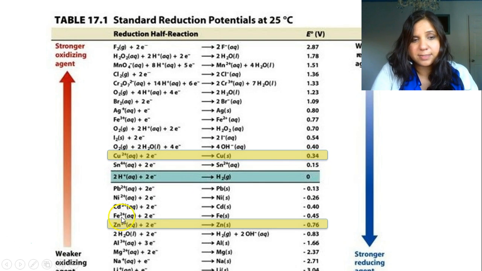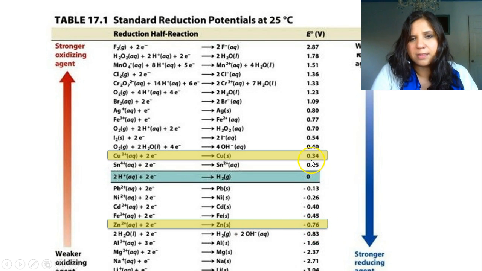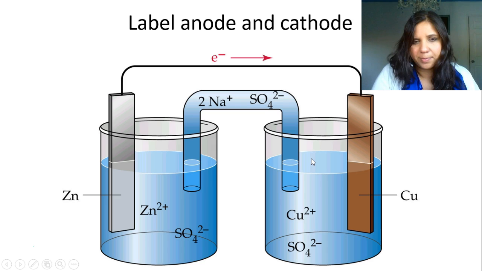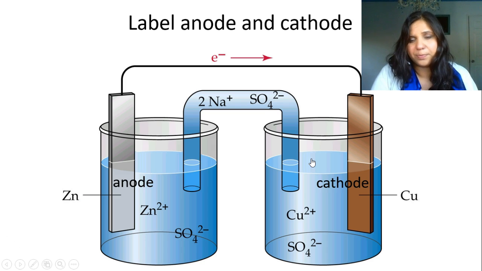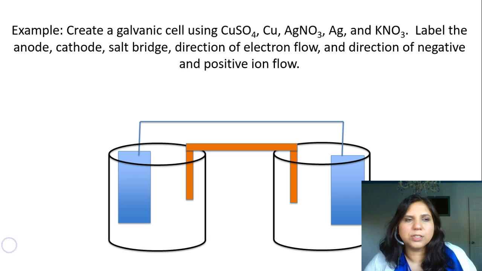Then we also have the zinc solution, the anode, and then its potential. Now, its potential is negative. So which one is more positive? The copper. That makes copper the cathode, where reduction happens, and zinc would be the anode, where oxidation happens.